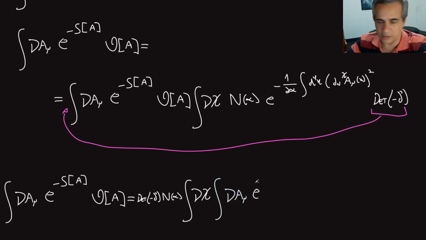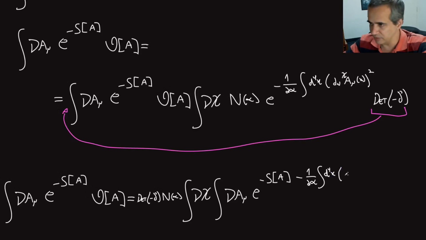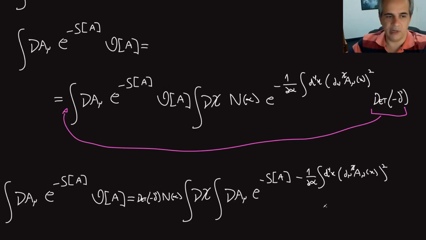All I have is now the exponential, which will have the original action for the field plus a gauge fixing term, which is the same one you must have seen before in other contexts: (∂_μ A^μ_χ)².